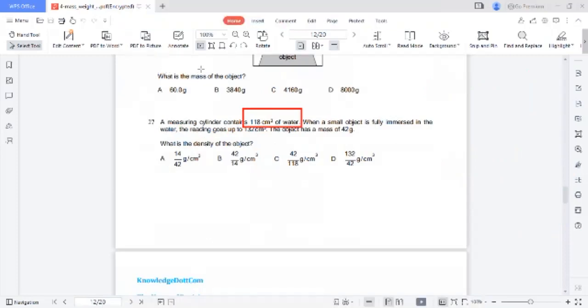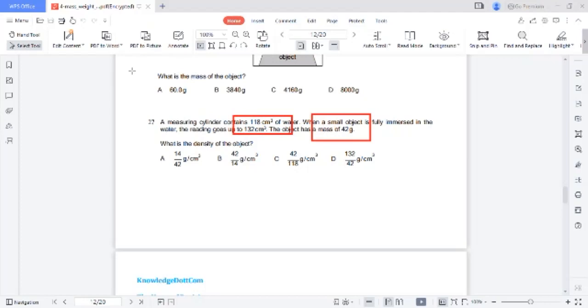When a small object is fully immersed in the water, its volume changes from 118 to 132. The object has a mass of 42 grams. What is the density of the object?